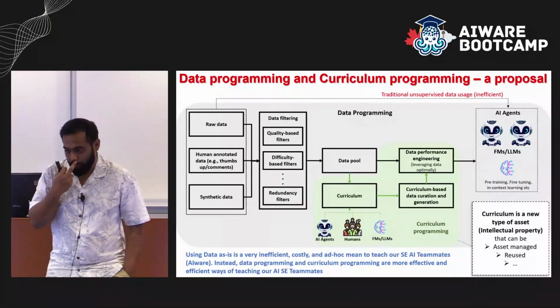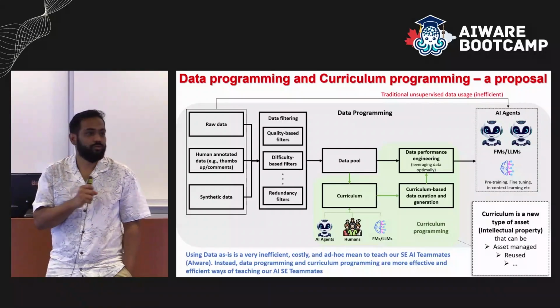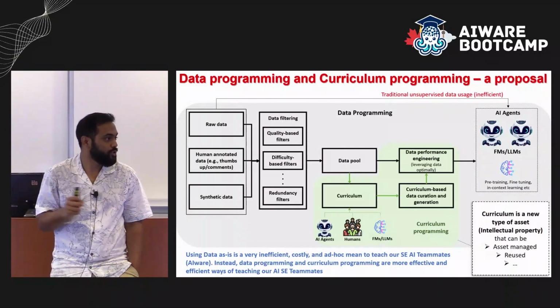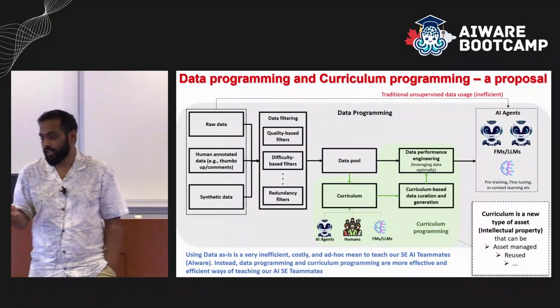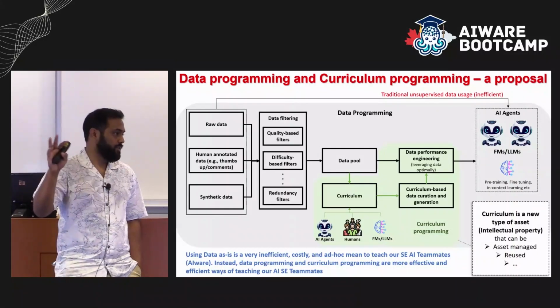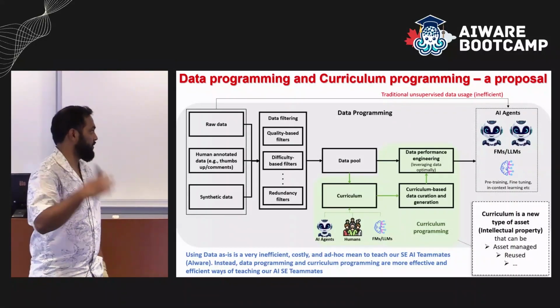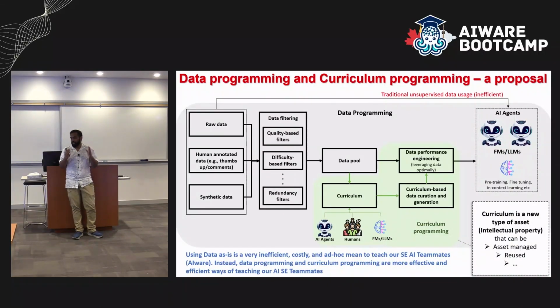So this is a proposal almost. Ahmed already showed it, but some people did not attend yesterday, so I'm just going to quickly go over it. Let's say we have all the raw data: human annotated data, synthetic data, different types of data that we can collect during data alignment or even during data pre-processing stages. Then there are already stages where we filter this data for quality and difficulty, remove redundancy and things like that, and add it into a pool.